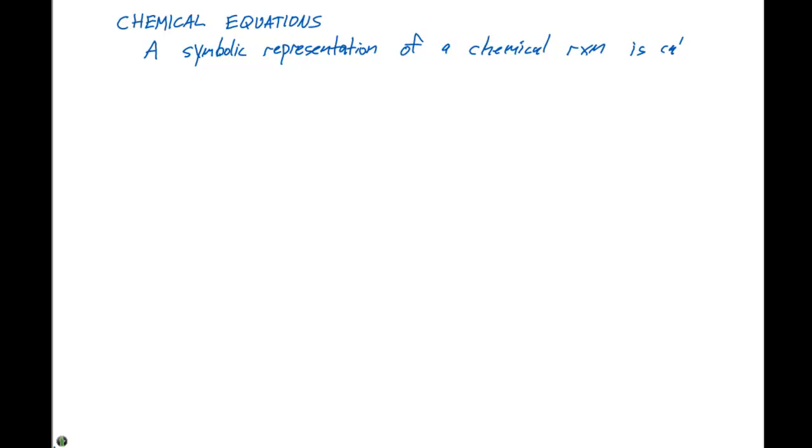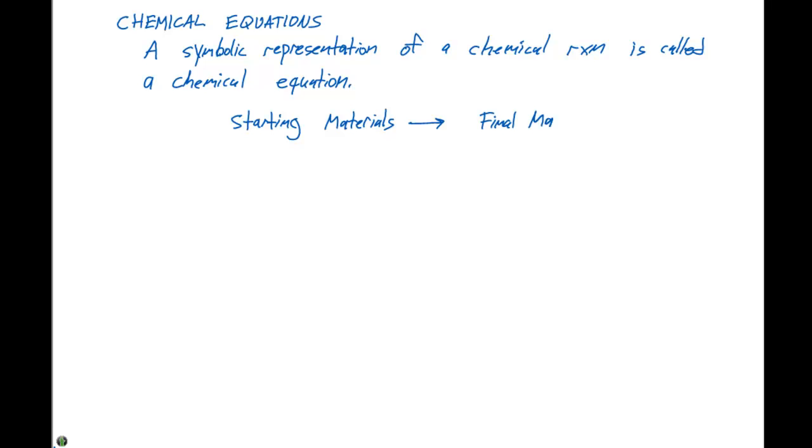In these chemical equations, we typically represent the starting materials over on the left-hand side. We give a little arrow and have the final materials over on the right-hand side. So we're mixing two or more things together, and that's going to give us some type of other products.